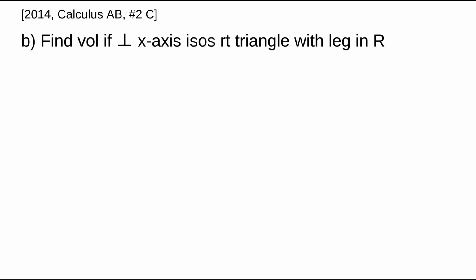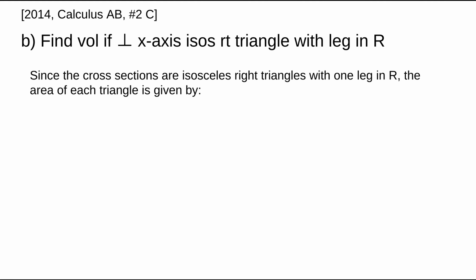In part B of the question, we are asked to find the volume if cross-sections taken perpendicular to the x-axis are isosceles right triangles with one of the legs in the region R. Now, since cross-sections are isosceles right triangles with one leg in R, the area of each of these triangles should be pretty easy to find.